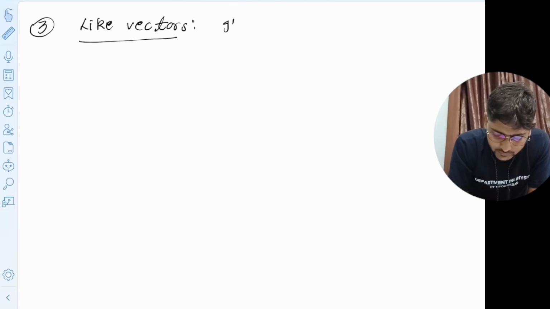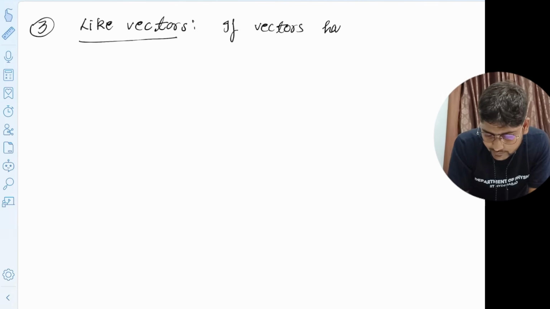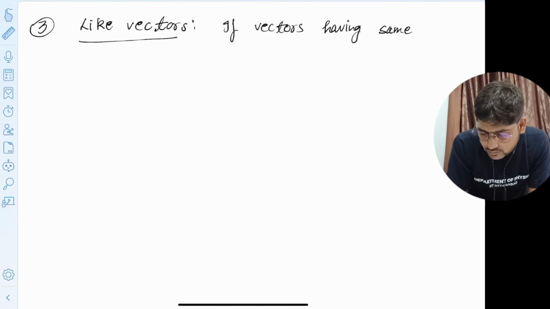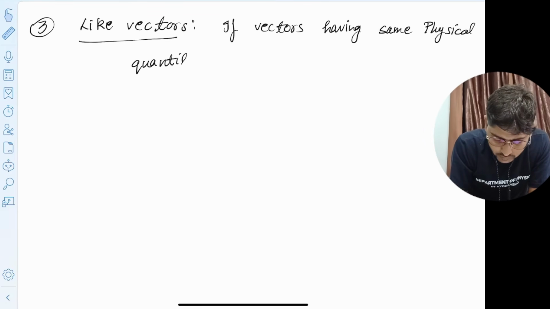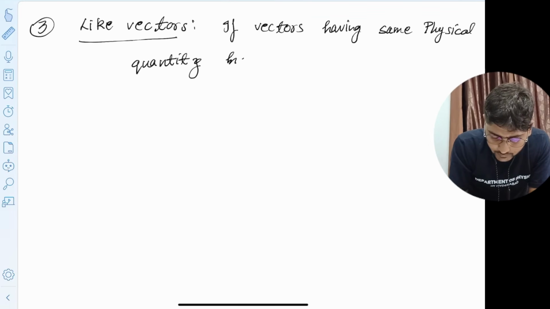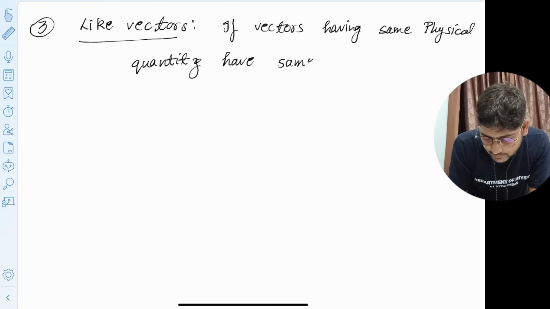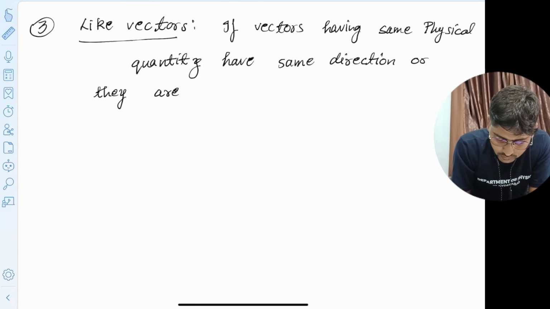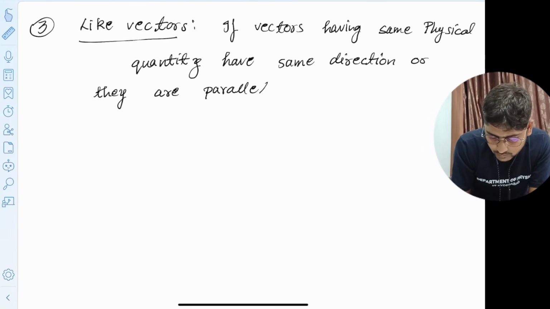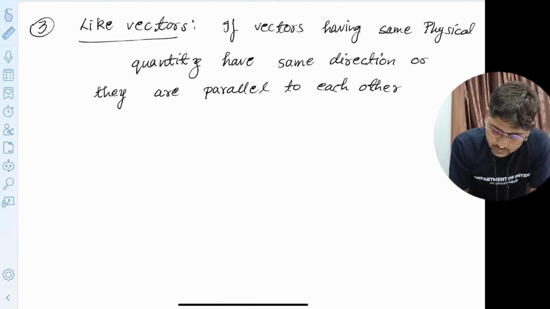So if vectors having the same physical quantity have the same direction, or they are parallel to each other, then they are called like vectors.